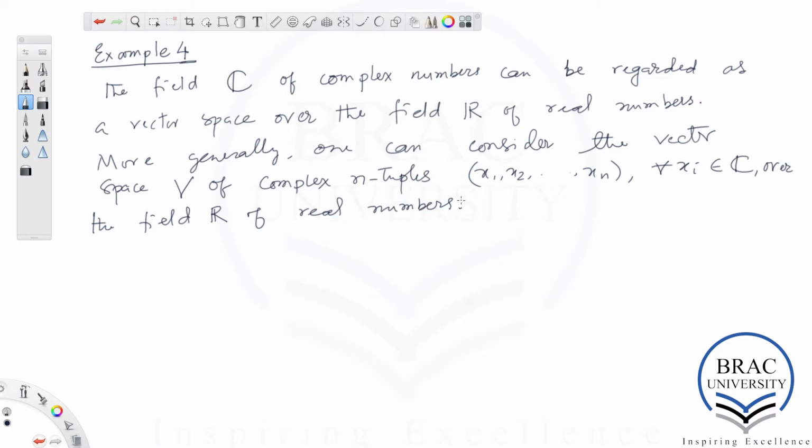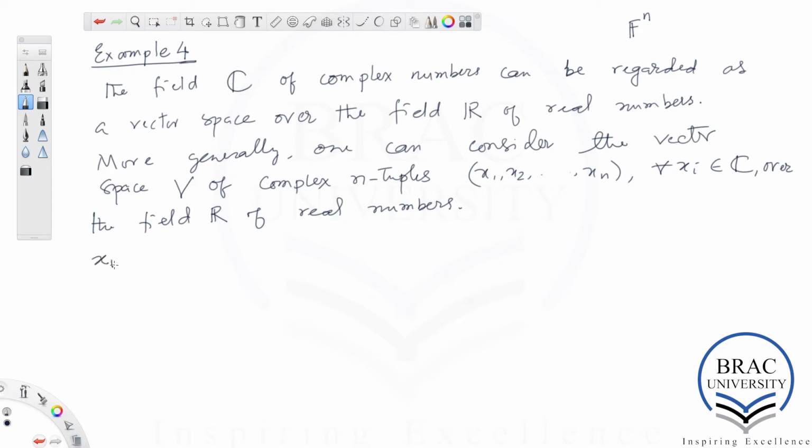Okay. Now, how do we define the addition of two vectors? It's done pretty much the same way we did for F to the n. Okay, but it's not the same as F to the n. We'll see.